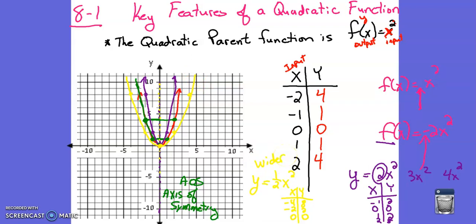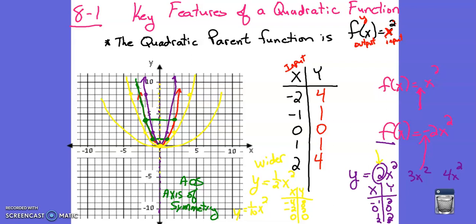The same thing with fractions like 1/2 or 1/3 or 1/10. If I had 1/10 x squared, it would be even wider out here. So when you have a fraction, it makes it wider. Whenever the constant being multiplied is bigger than 1, it's making it thinner.